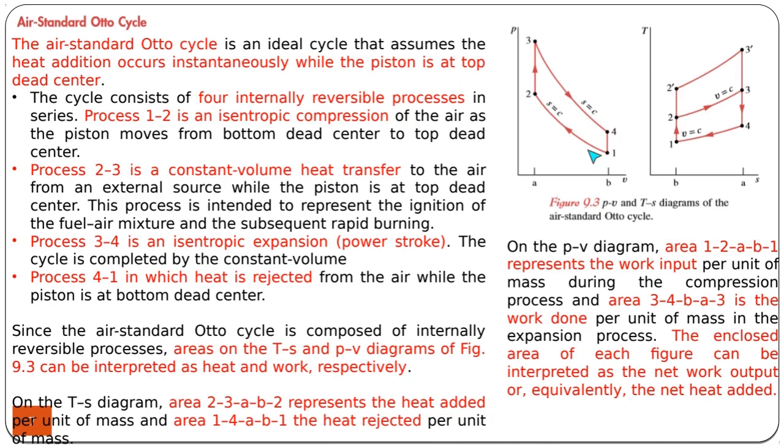One process is moving of the piston up so that the gas will be compressed. Then combustion takes place at constant volume because as the spark plug is operated, the ignition takes place in a very short time.